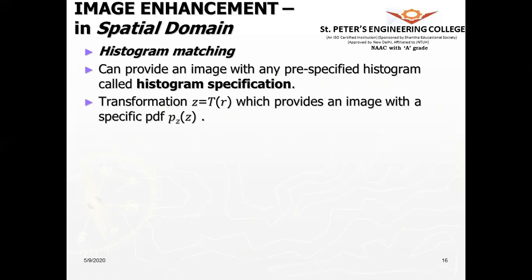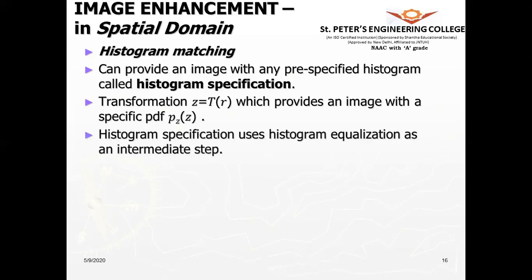Here we represent it as z equal to T of r, for a specific PDF, that is a probability density function, p_z of z. The histogram specification uses histogram equalization as an intermediate step. So we still use histogram equalization, but not as a complete step in histogram matching.